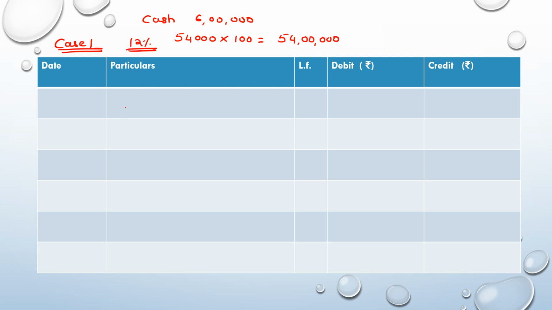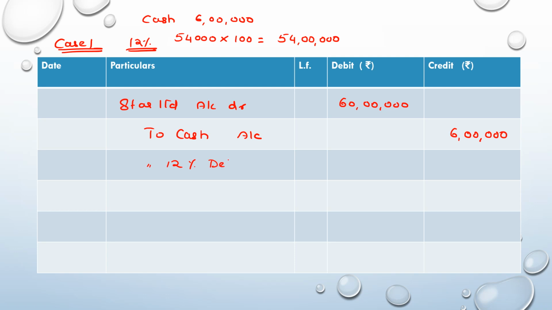So now we would debit Star Limited account with the purchase consideration of 60 lakh. Out of that, 10% is settled by means of cash. So 10% of 60 lakh, 6 lakh, we had already calculated. Rest is by issue of debentures at par. So it would be 12% debentures, that is basically 54,000 into 100. So you get 54 lakh.